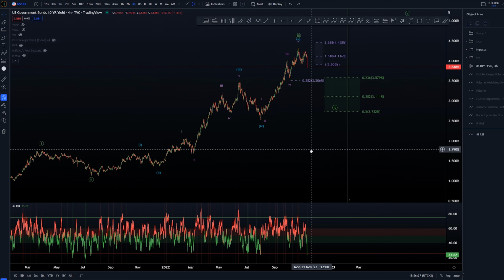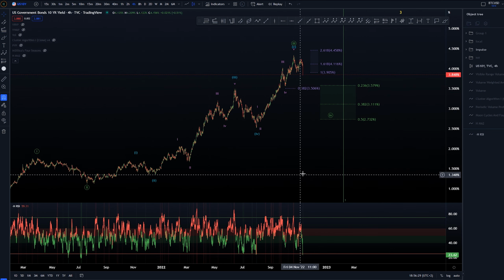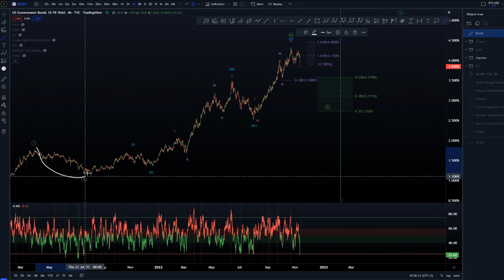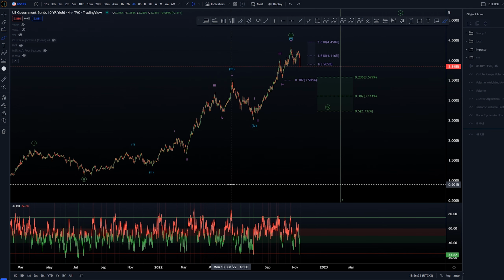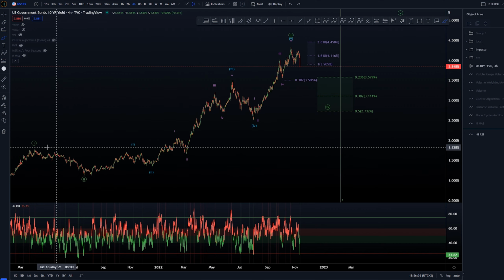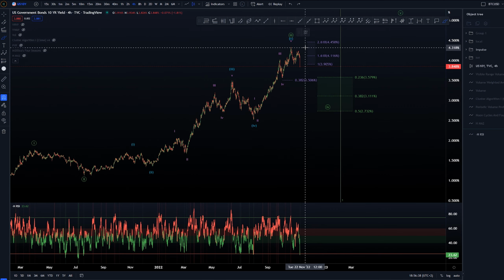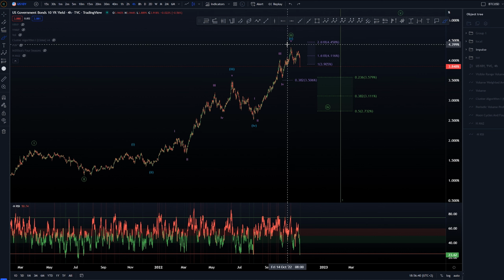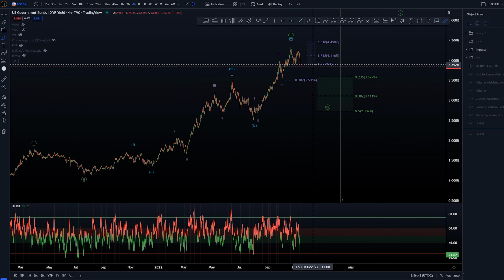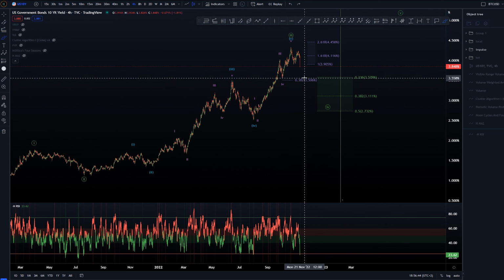So that would be a lot of time to be used. It could be that this structure here took quite a while in time and not really in price. So this wave 4 could be more swift and way faster in that time.